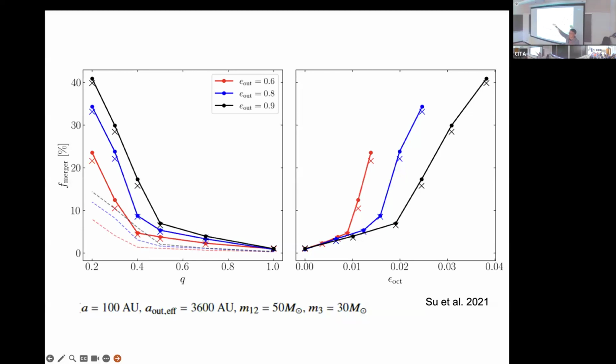When they're far away, they tend to be random. The critical separation is typically a few hundred AU. There's some study on this in the context of planets in binary systems with a third companion. Anyway, the point I'm trying to illustrate here is just this dramatic effect.